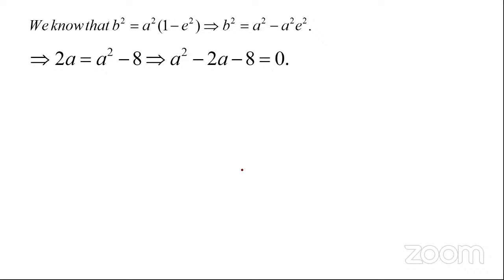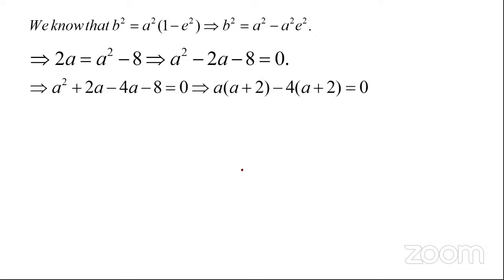Just find the roots of a from the equation a square minus 2a minus 8. Splitting the middle term using the factors of 8, that is minus 4 and plus 2, we get a square plus 2a minus 4a minus 8 equal to 0.